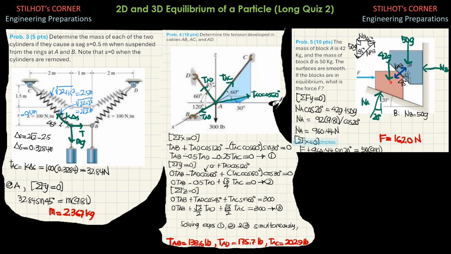Transmit that to block A, then the free body diagram of block A consists of 42G, NAB, which makes 45 degrees with the vertical, and NA, which makes an angle of 20 degrees with respect to the vertical. Then summation of forces Y to solve for NA, then summation of forces X to solve for F. The answer is the same.